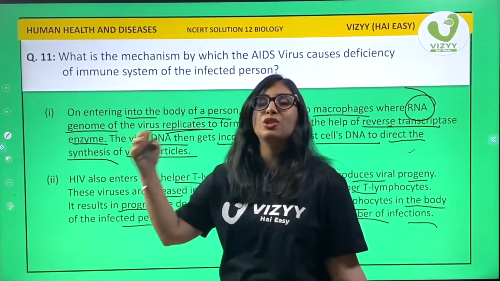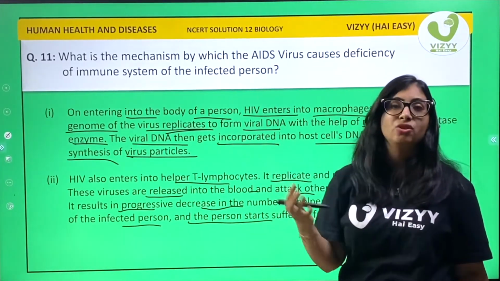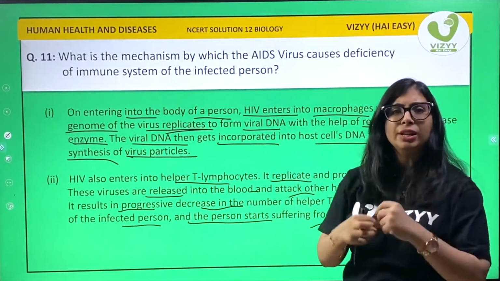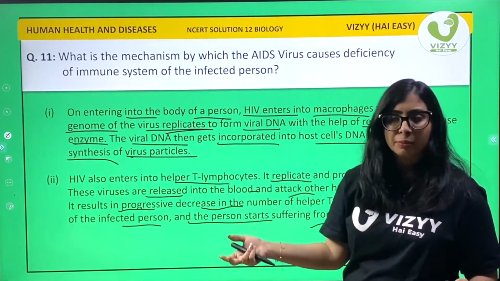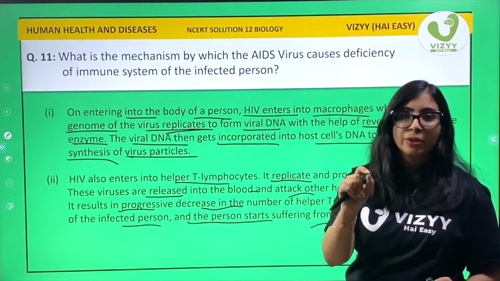So what HIV does, or AIDS does, it will weaken your immune system so much that a common cold can kill a person.